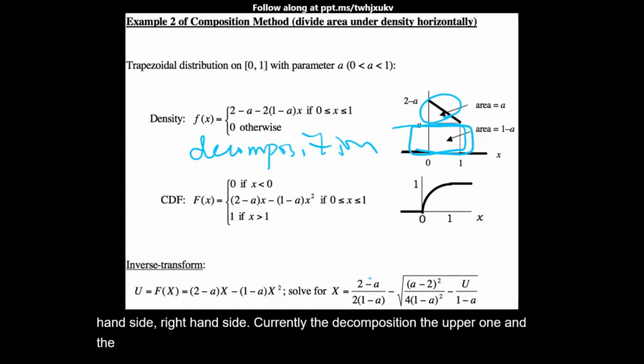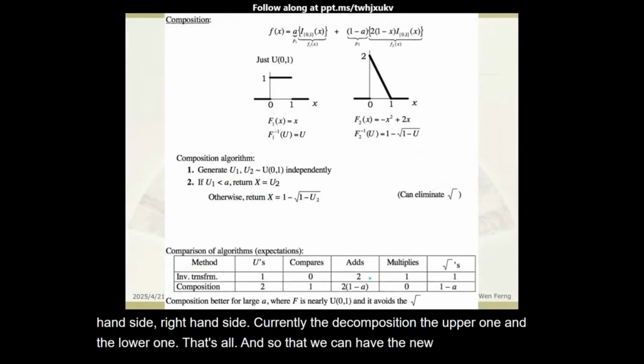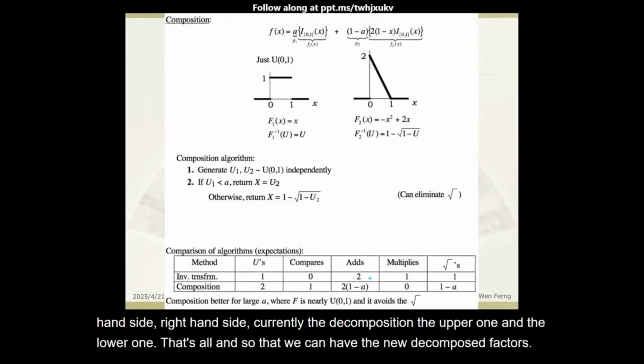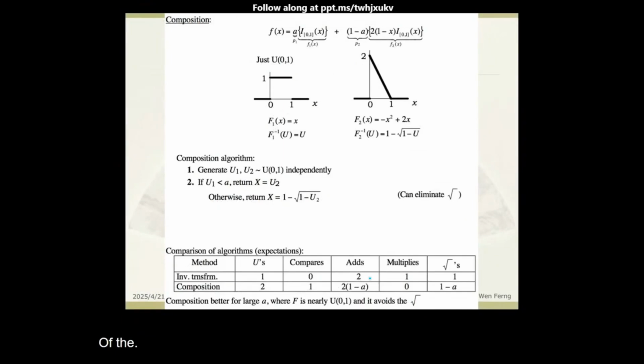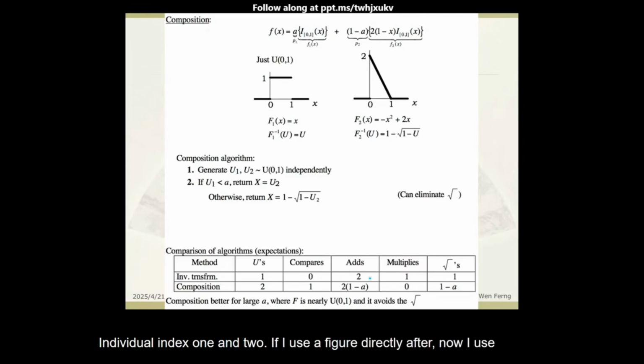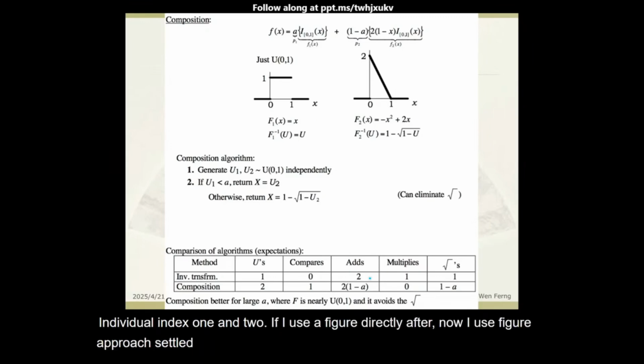That's all. And so that we can have the new decomposed factors of the individual index 1 and 2. If I use the figure directly, up to now, is the figure approach acceptable to you, Tobias?